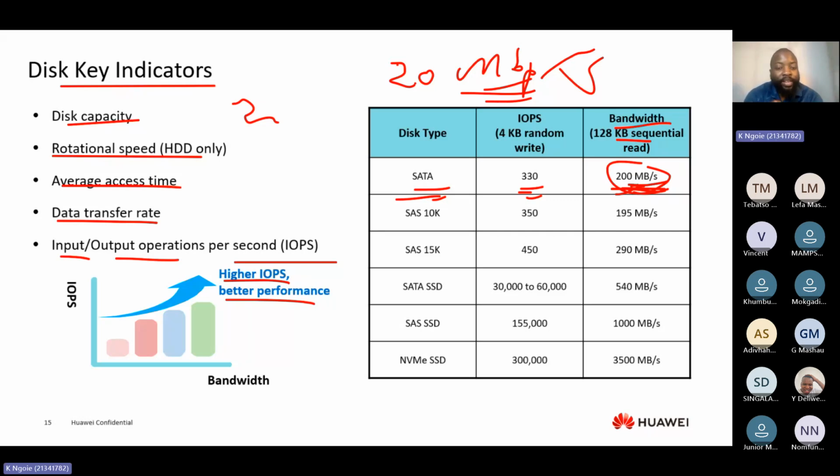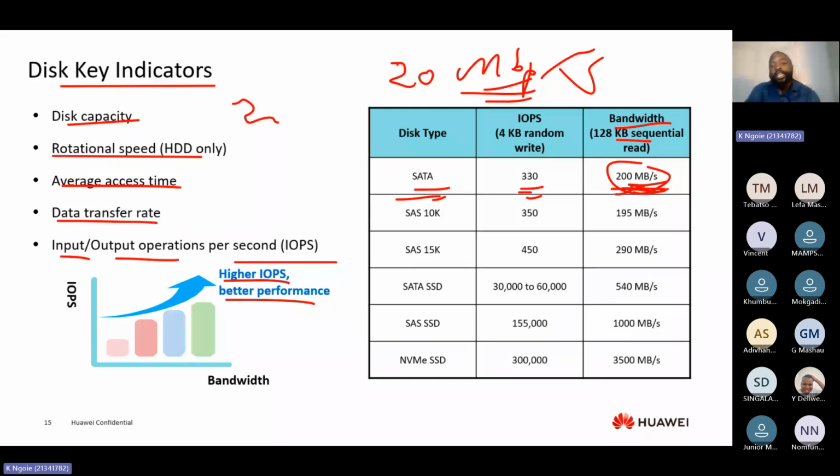That's why you will find some computers where the disk capacity is as big as another computer's, but one is very slow and the other is not, because all of these indicators have to match. So the average access time means how much time it takes to locate data on your disk, or to read or write the data on your disk, right?